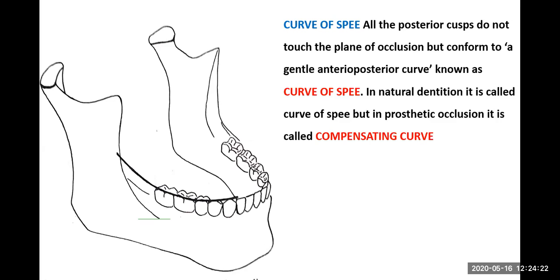All posterior cusps do not touch the occlusal plane, but conform to a gentle anteroposterior curve known as curve of Spee. So the curve of Spee is an imaginary line drawn from the anterior, touching the buccal cusps of the mandibular posterior teeth, and it goes up like that. That curve is called curve of Spee.